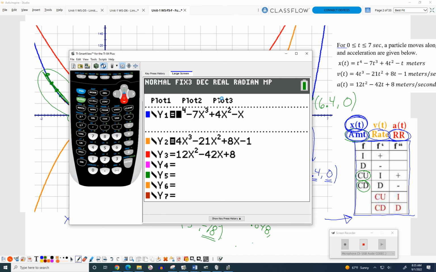So this is velocity. This is position. I want to know what the velocity is, but you're saying I want to know what the position is.